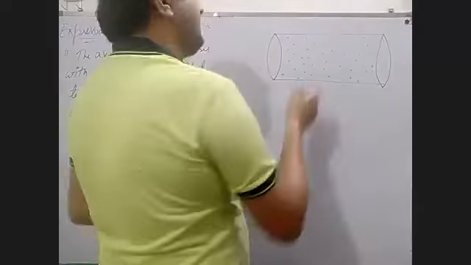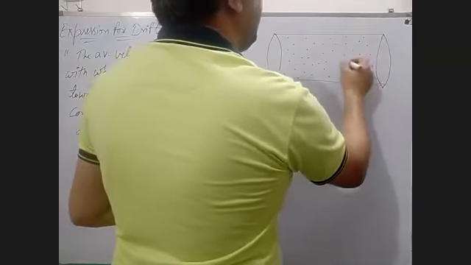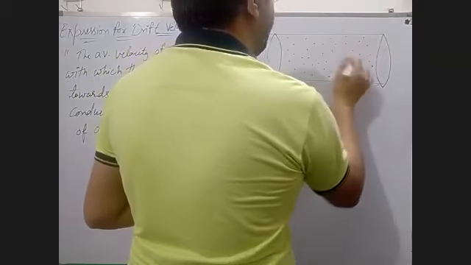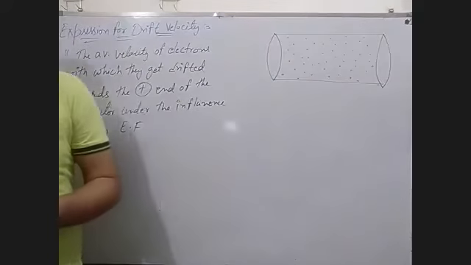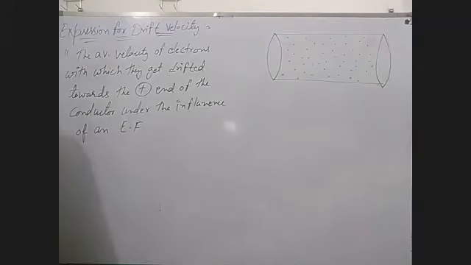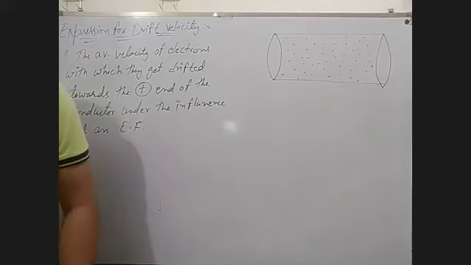All these are free electrons. Due to motion of these free electrons in a particular direction, current will arise. And how can they move in a single direction, in the same direction? By applying an electric field, we can say.